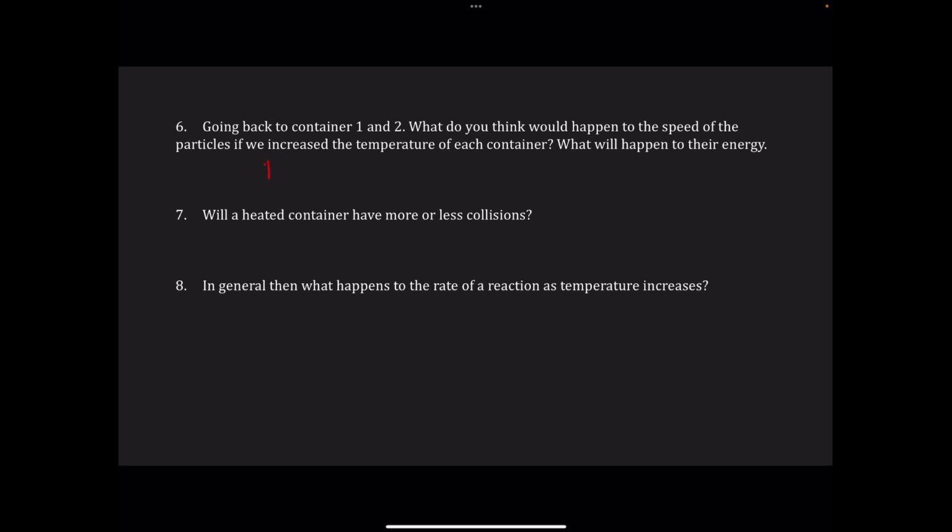So if we increase temperature, that increases the particle energy, which in turn increases our particle motion. And so if our particles have more motion, those particles are going to speed up. So if we've increased temperature, which is speeding up our particles, what do we think is going to happen to our collisions? Are we going to have more or less collisions?